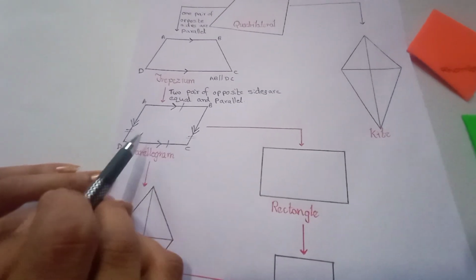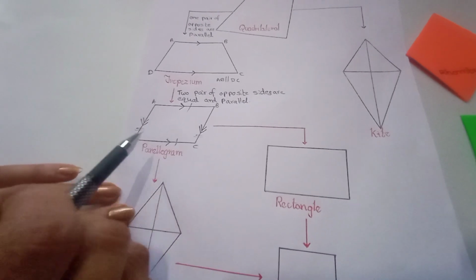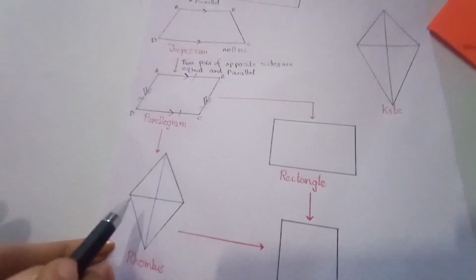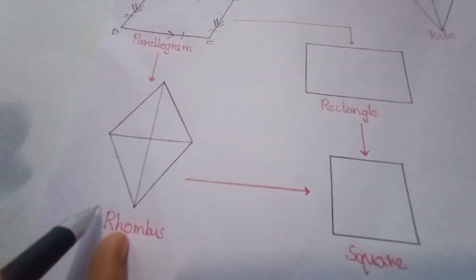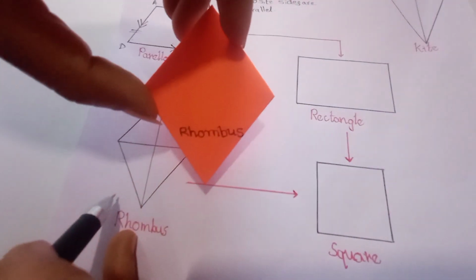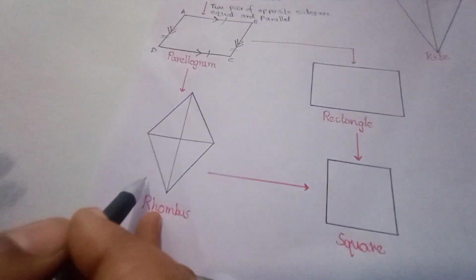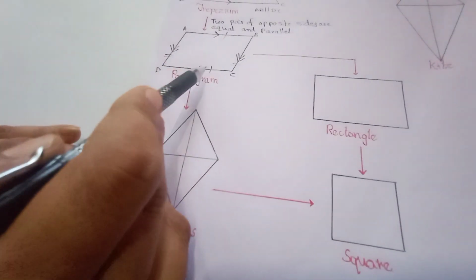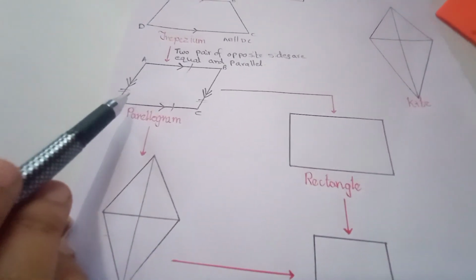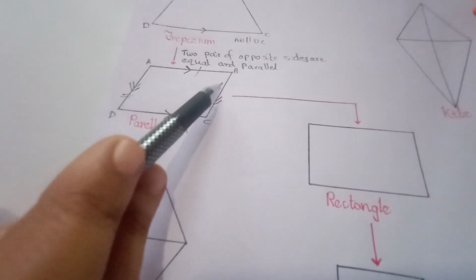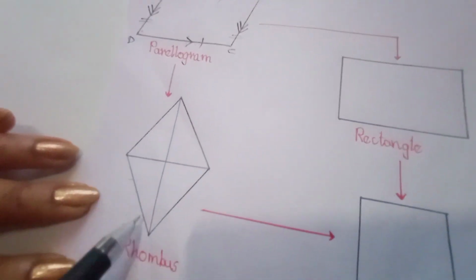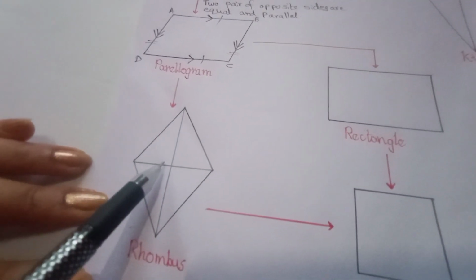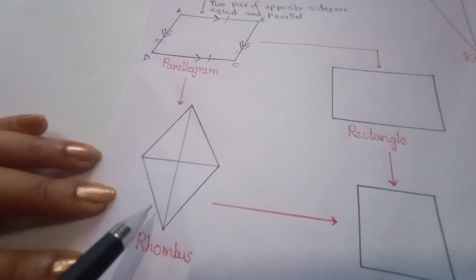In this parallelogram, let's see a special case of a parallelogram, the rhombus. In a parallelogram, if all sides are equal, they call it a rhombus.